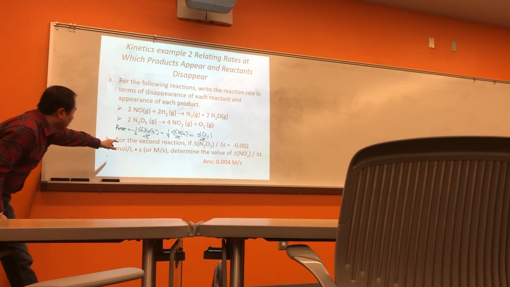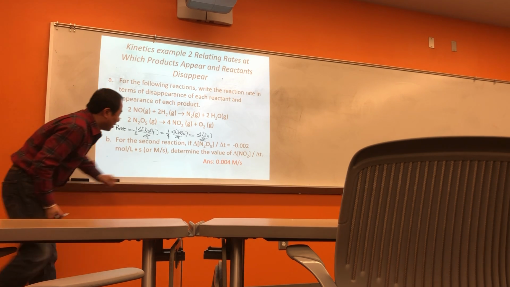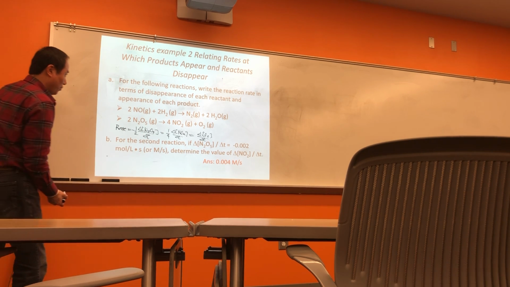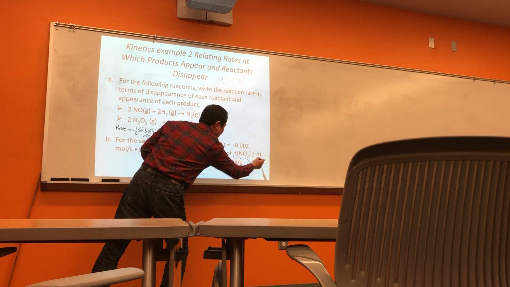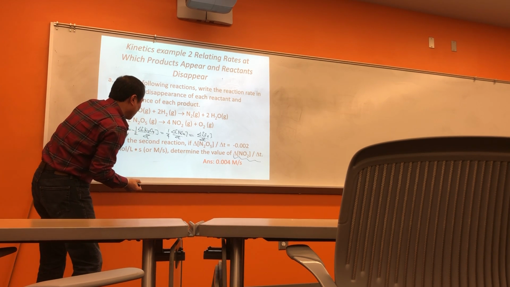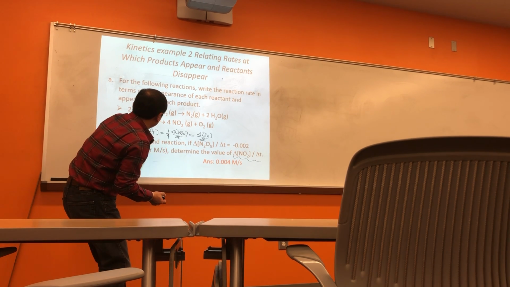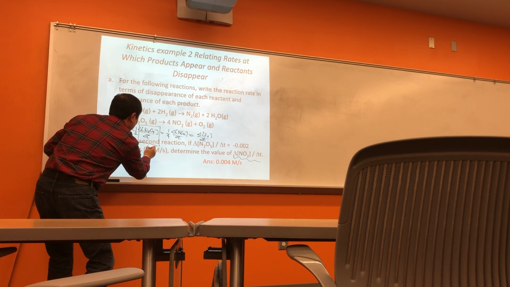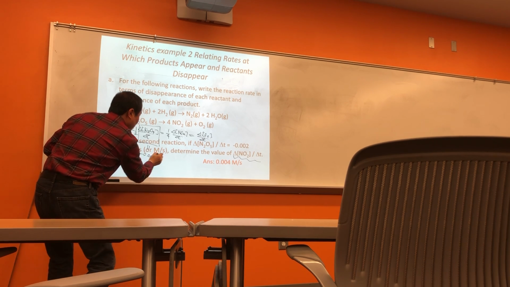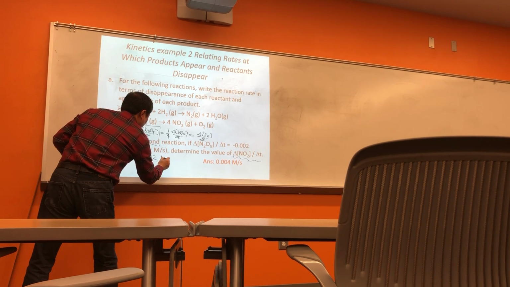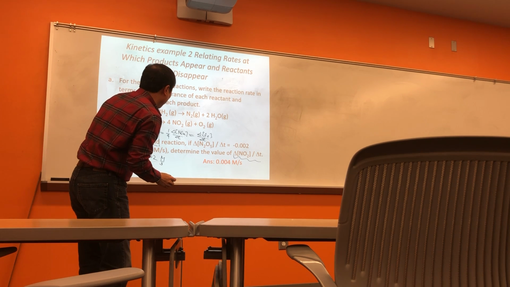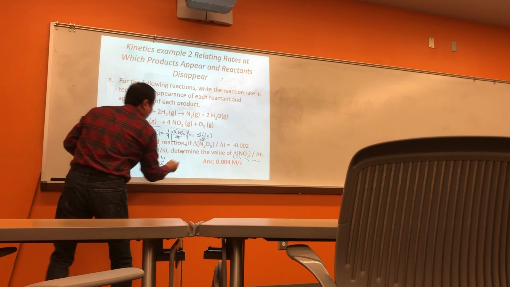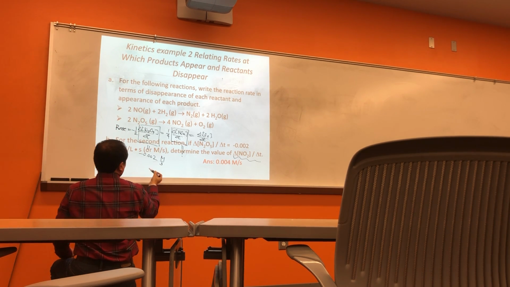Now, for the second reaction, if this one is given as that number, we're going to find out this one. I wrote the equation already here, delta N2O4. So if this is given as negative 0.02 molarity over second, they're asking for delta NO2 over delta T, which means they are asking what this number is.